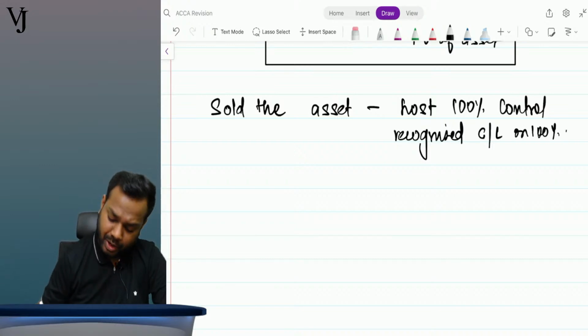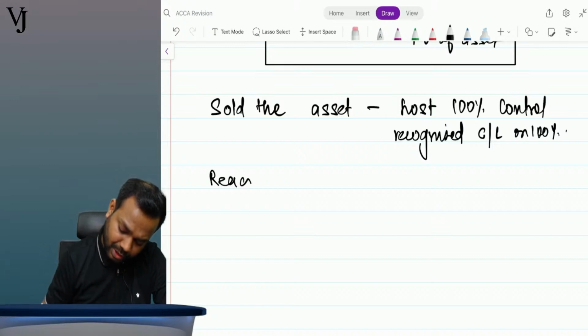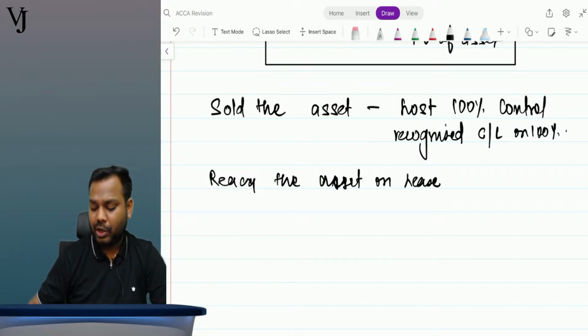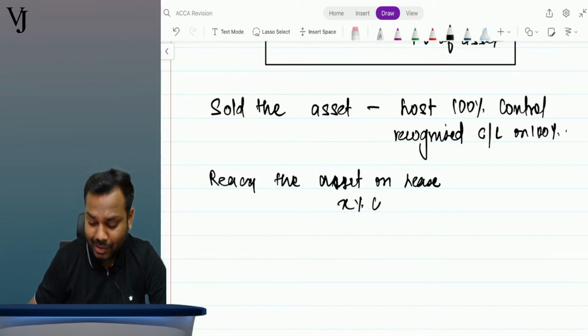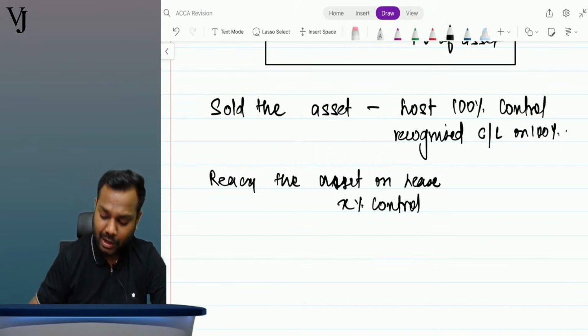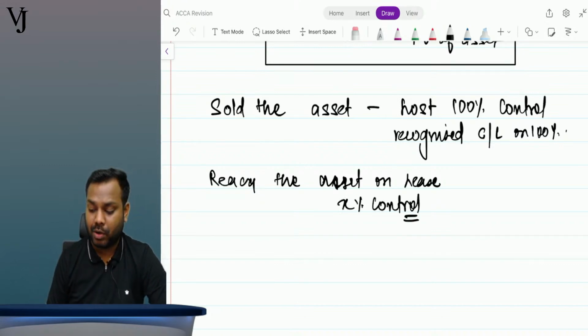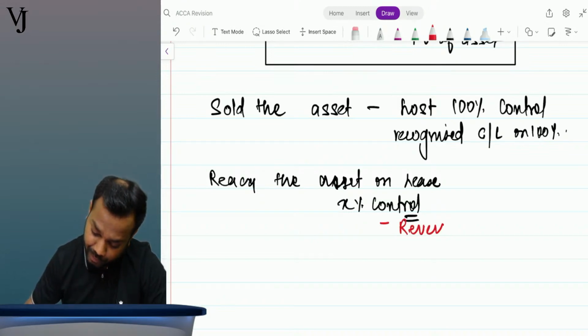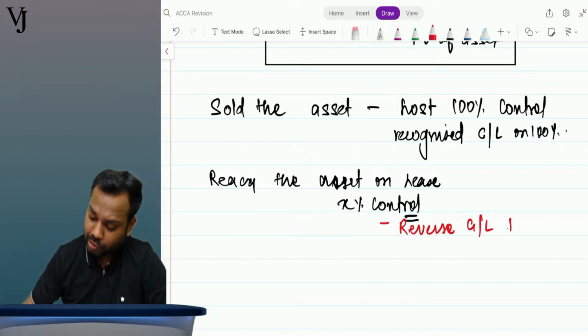Now, when you reacquired the asset on lease, you acquired X percentage control of the asset. And hence here you have to reverse the gain or loss to the extent of X percentage.